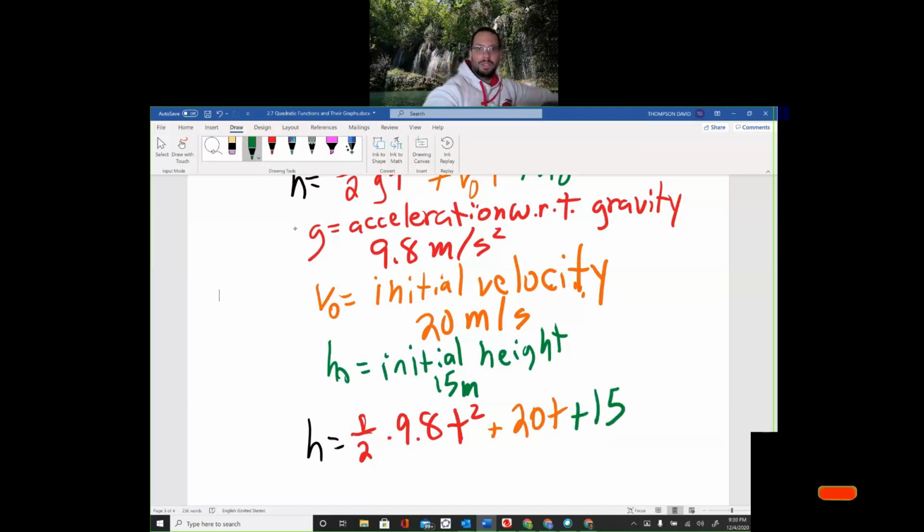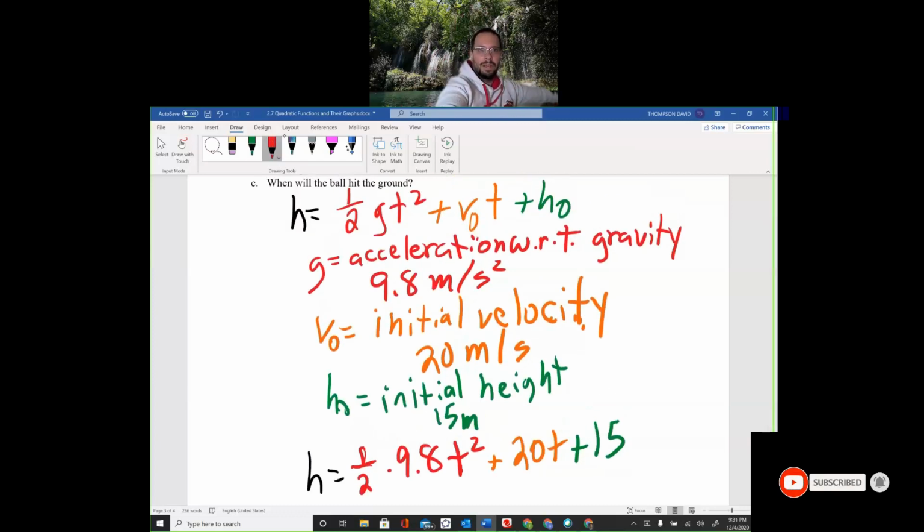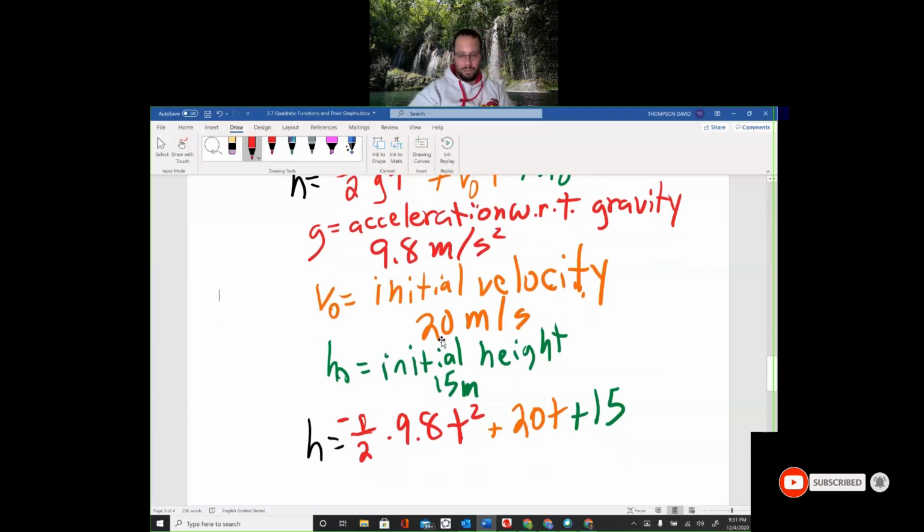There's going to be a negative 1/2. So negative 1/2 times 9.8 t squared will give us negative 4.9.